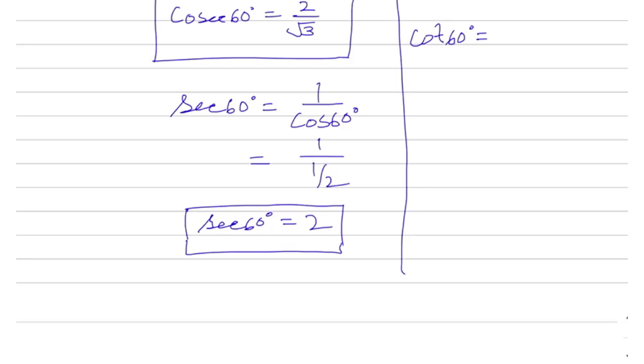And cot 60 degree is equal to 1 upon tan 60 degree. Now putting the value of tan 60 degree, therefore 1 upon root 3. Therefore cot 60 degree is equal to 1 upon root 3.